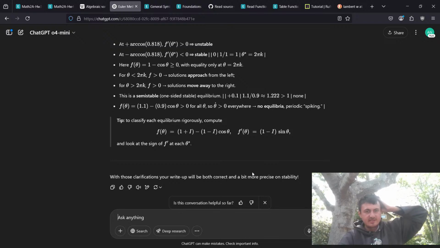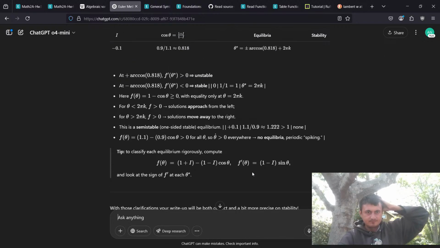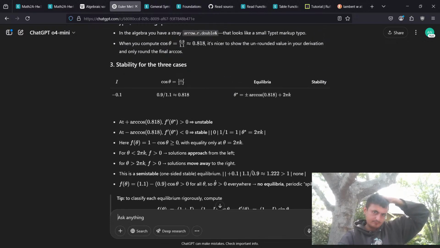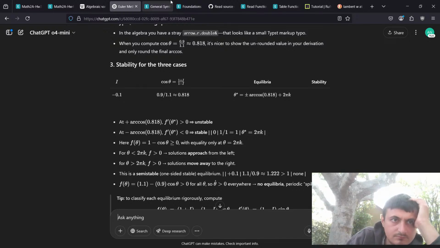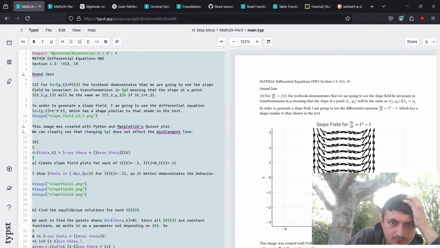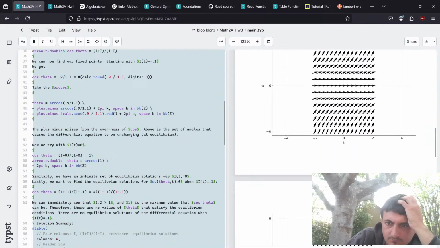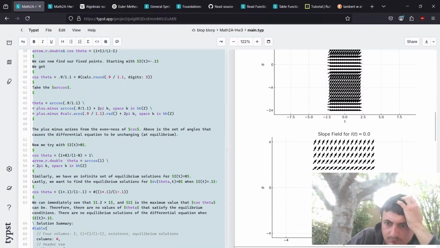Oh, that's what semi-stable means? Oh yeah, semi-stable.